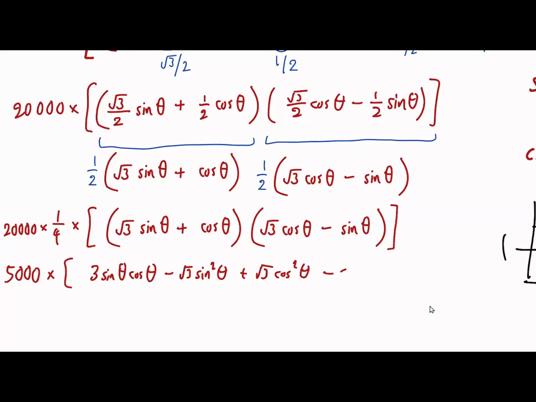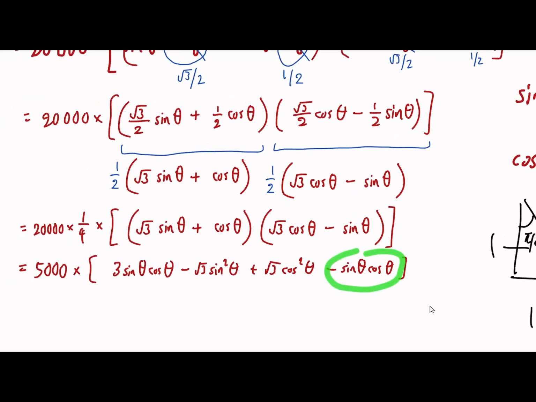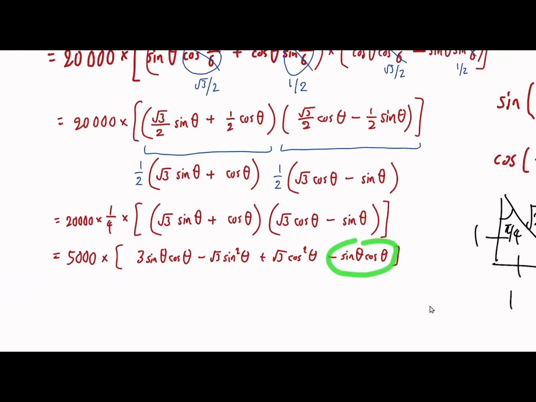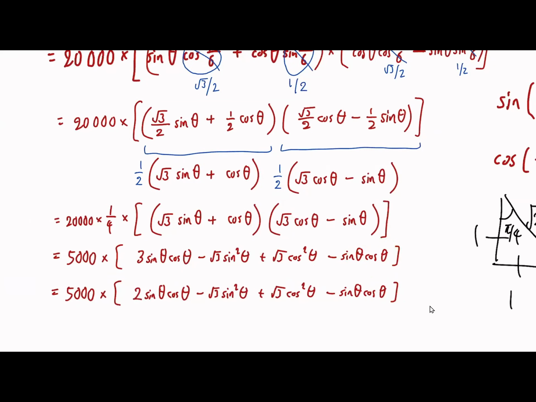I like to put the sine first before my cosine. Anything to cancel? Two sine theta cosine theta. Very nice. So we can change this from 3 to a 2, remove the last one.